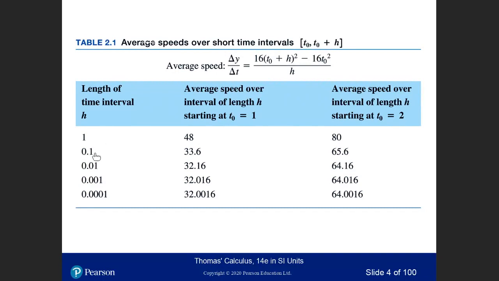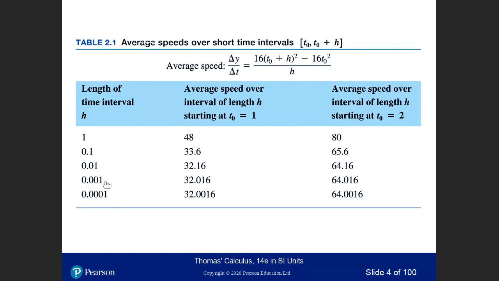Now let's reduce h step by step. Let's put h equal to 0.1. Now if you calculate this, you'll get 33.6, which is a big difference because we reduced h 10 times, and here that's 65.6. To reduce it more, we are trying to move close to 0. Okay, 100 times, that's 32 plus 0.16 here, and 64 plus 0.16 there.